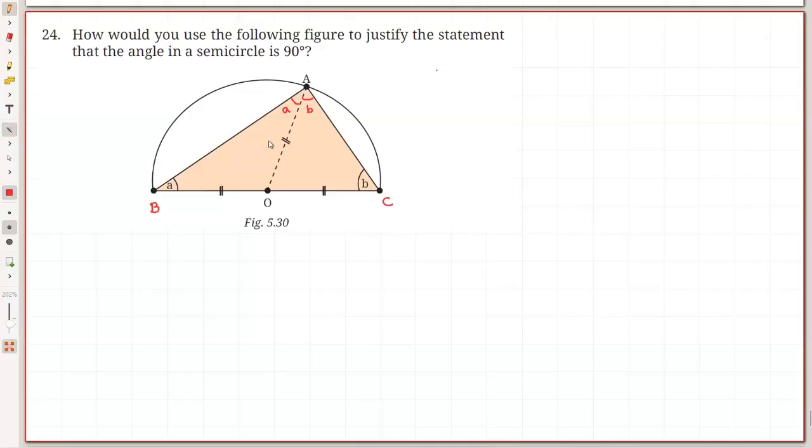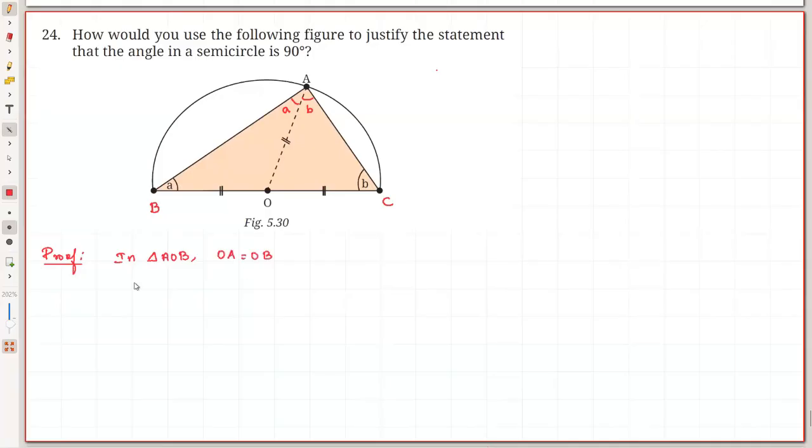So first I am going to consider triangle OAB. Proof: in triangle AOB, they have given OA is equal to OB.